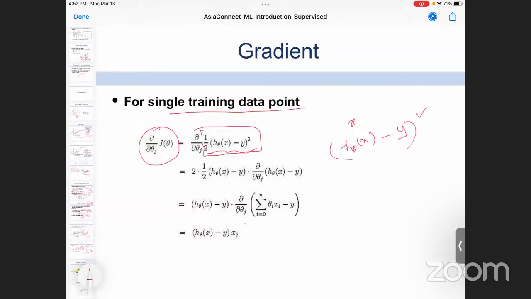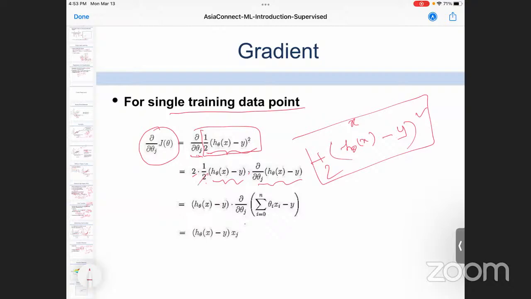Then this is the error that we are using. So we need to find the derivative of this function. This is simple calculus. So finding the derivative of this in terms of theta j, we know the square term will come first here, then half, and this one multiplied by, again with respect to theta j, we can find the derivative here.